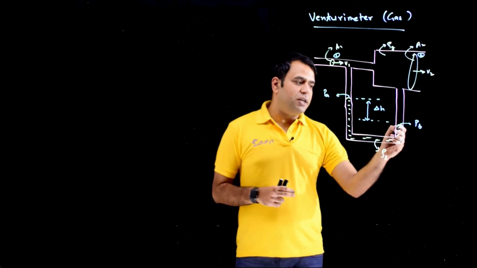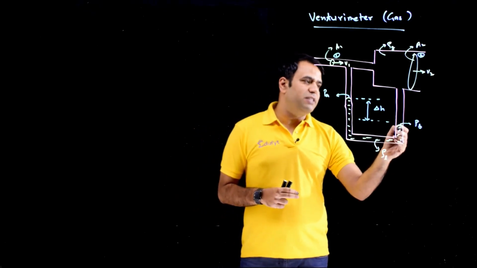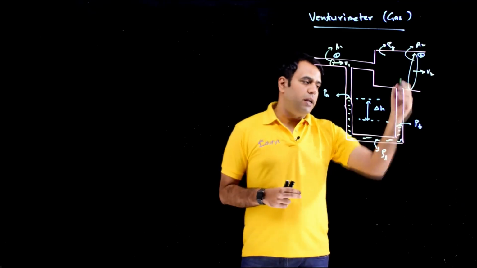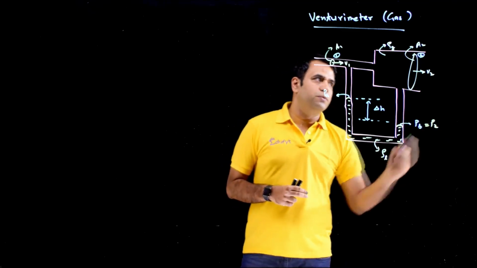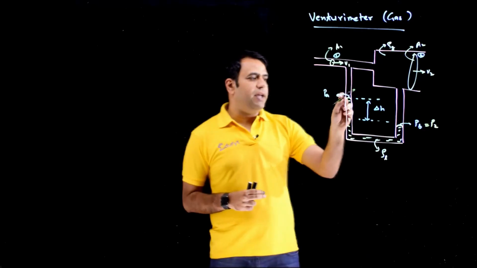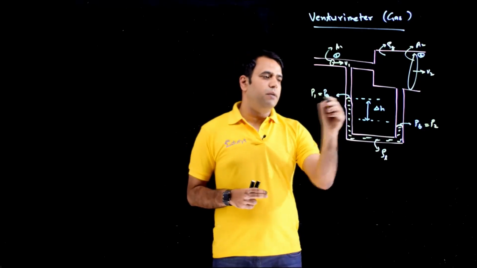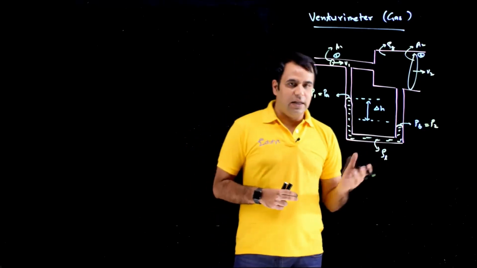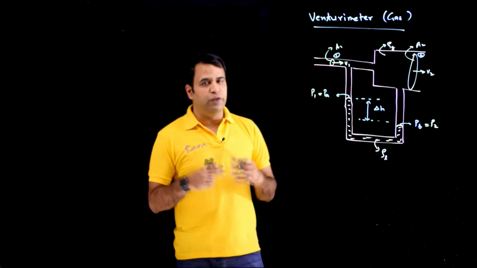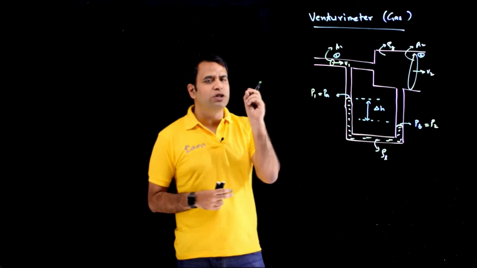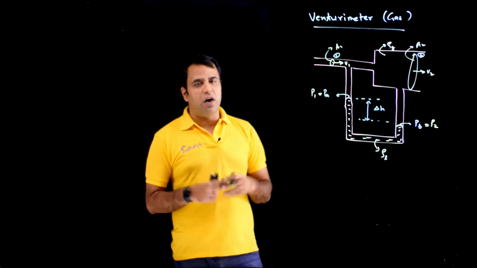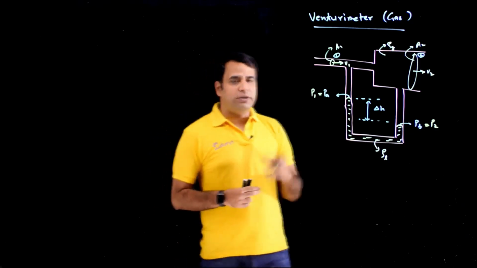So the pressure here I am defining as PB, and it will be the same pressure here also. Meaning PB is nothing but P2. Similarly, PA is nothing but P1, because between these two points there is only gas, and the density of gas is very small. So the rho g H component will almost be 0. Rho stands for density.